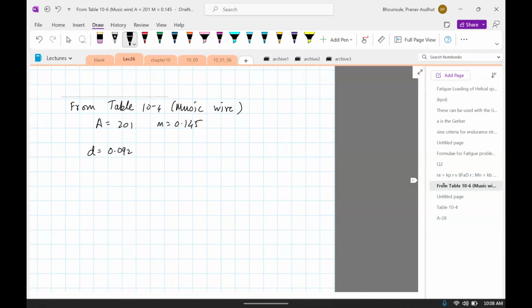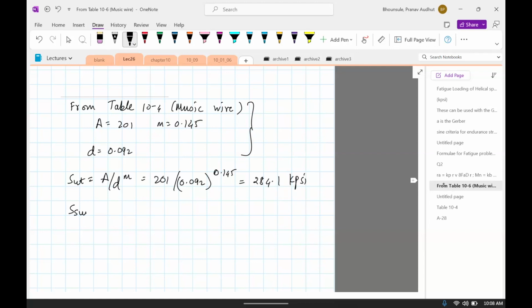Okay, so here we are, SUT. From all these, we can compute SUT is A divided by D raised to M. A is 201, D is 0.092, M is 0.145. So SUT is 284.1 kpsi.